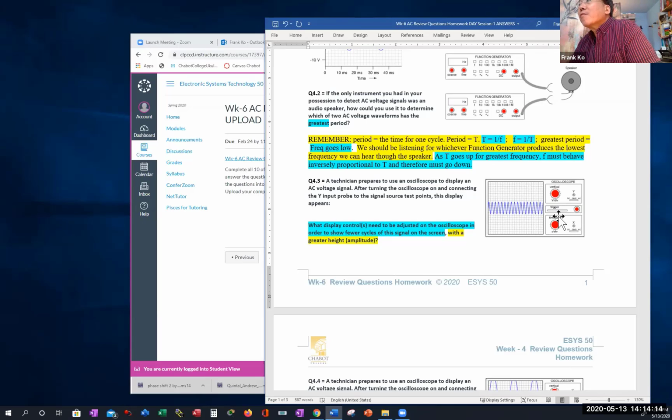And you happen to have some things here on the oscilloscope that you can play with. So which one of these will show fewer waveforms on the screen?